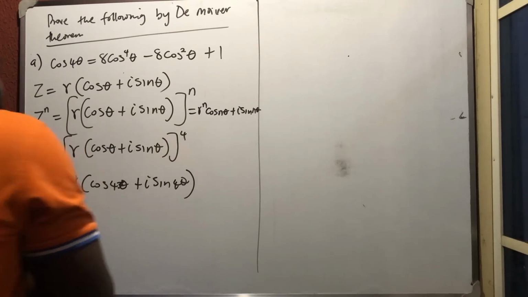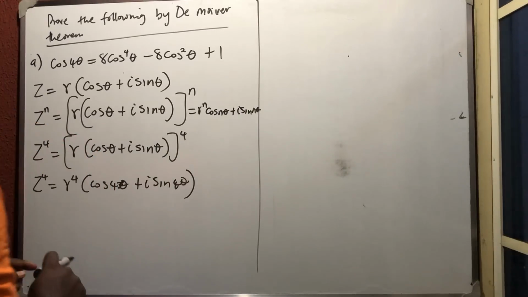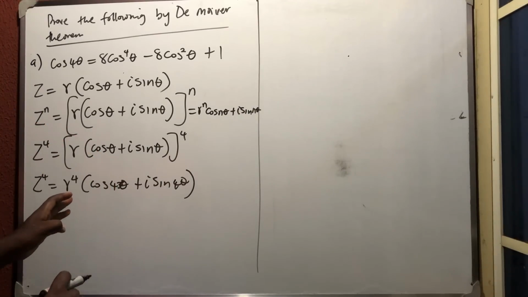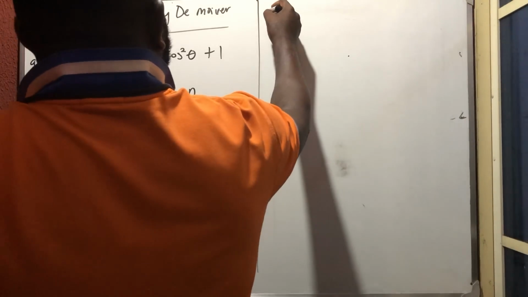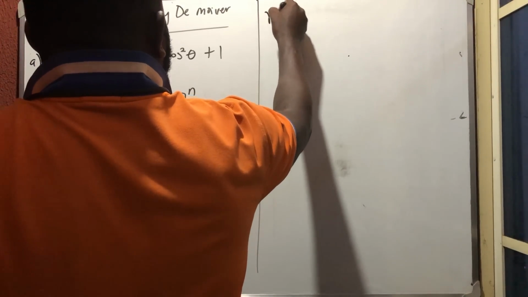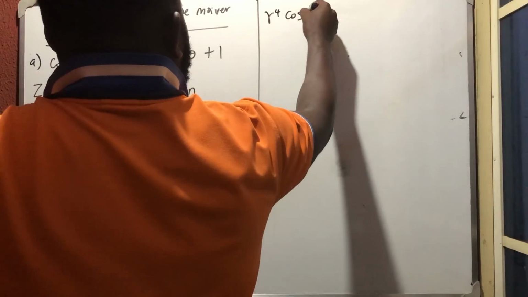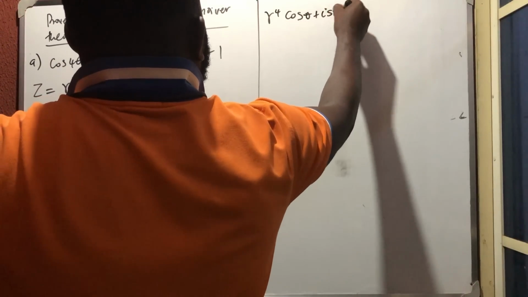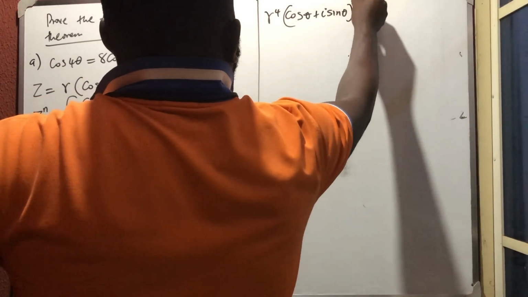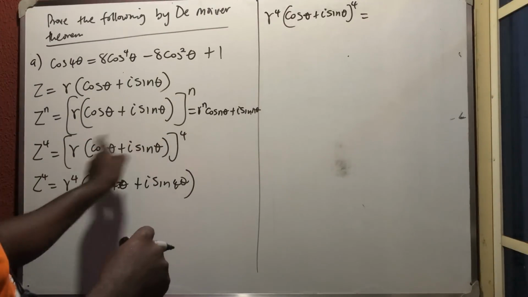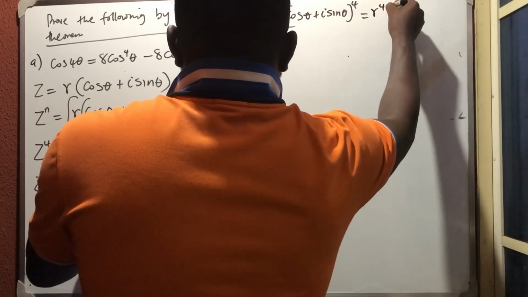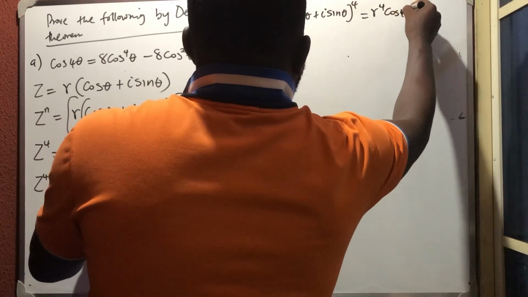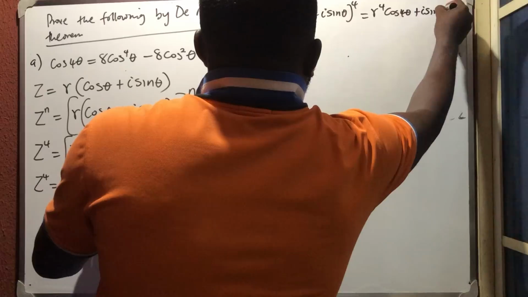But let us expand this. Now I want to equate this side and this side. This is same as R raised to power 4 cos theta plus i sine theta all raised to power 4, and the Moivre said that is equal to R raised to power 4 cos 4 theta plus i sine 4 theta.